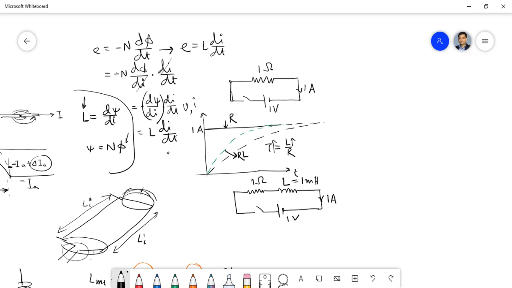How it opposes the change in current? By inducing a voltage against itself.